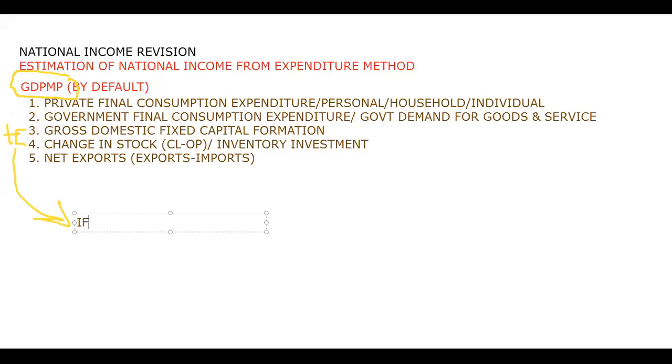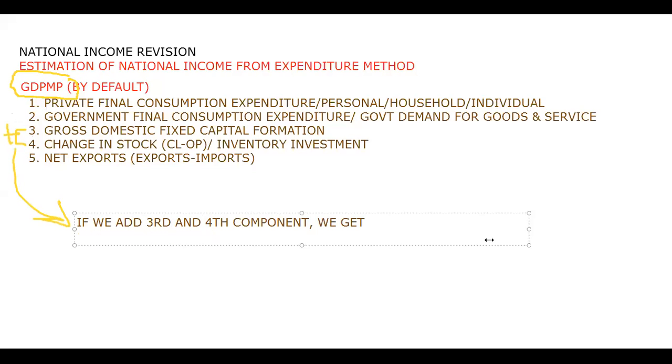So if we add the third and fourth item, fourth component, we get, क्या मिलता हम लोगों को? When we add these third and fourth, that is gross domestic fixed capital formation and change in stock, we get gross domestic capital formation.